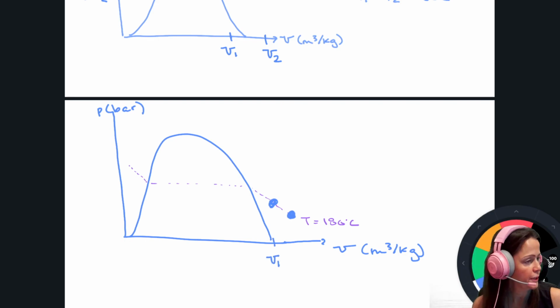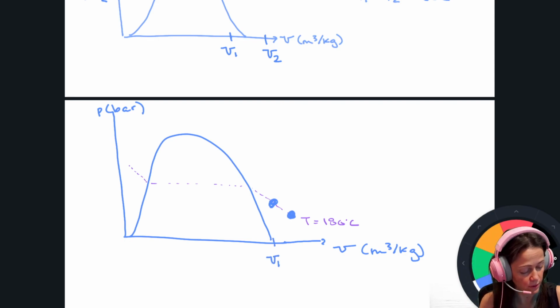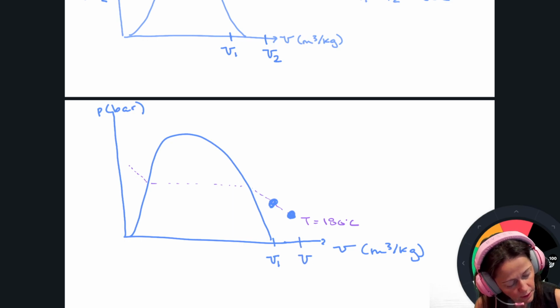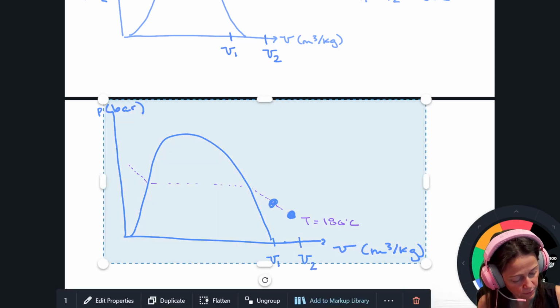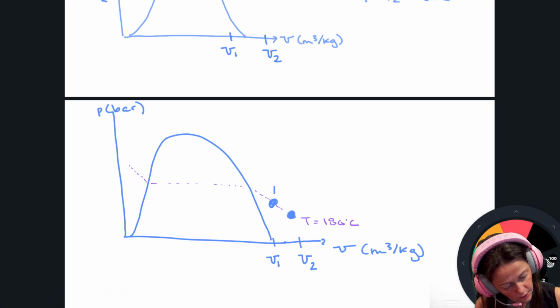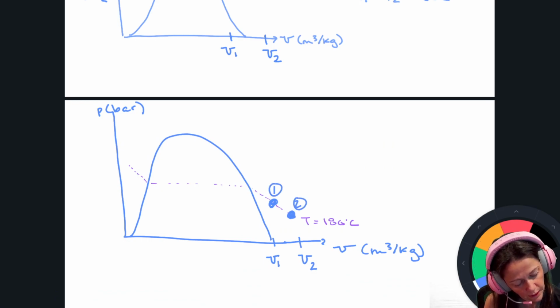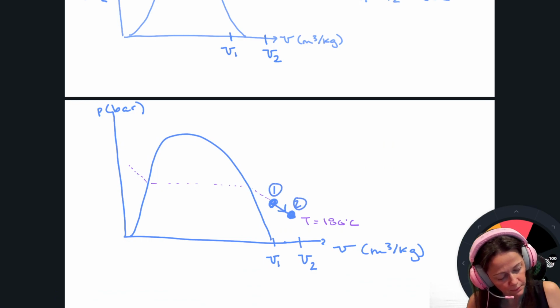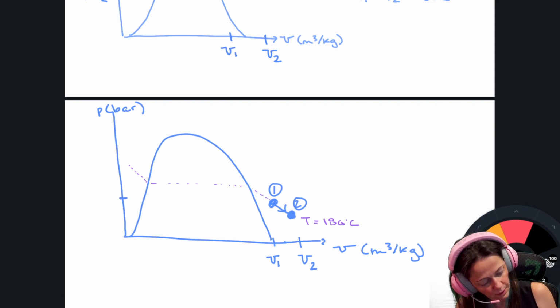V1 was the 0.2847 meters cubed per kilogram. V2, 0.35. So here's state 1, here's state 2. I'm going to draw a process path between them. I also need to label P1 and P2.